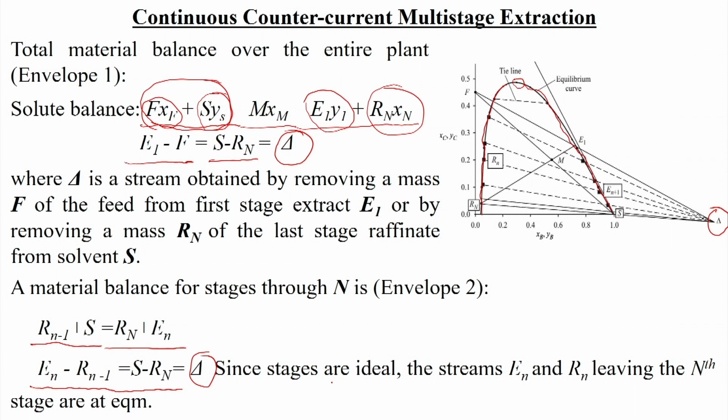Since the stages are ideal, the streams E n and R n leaving the nth stage are in equilibrium. So, we are assuming that all the stages attain equilibrium before leaving the extraction unit. Okay.